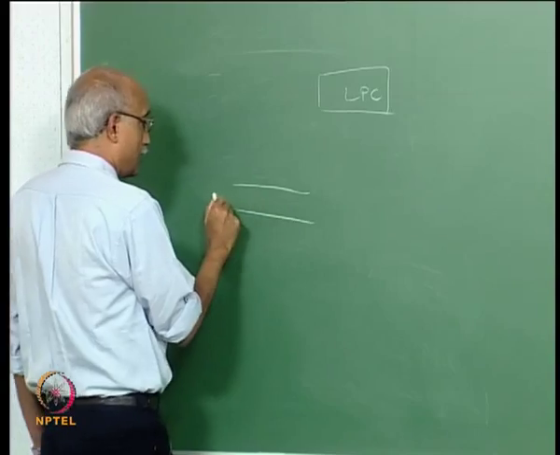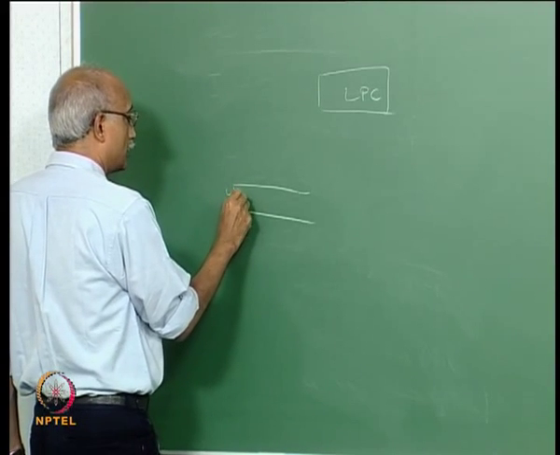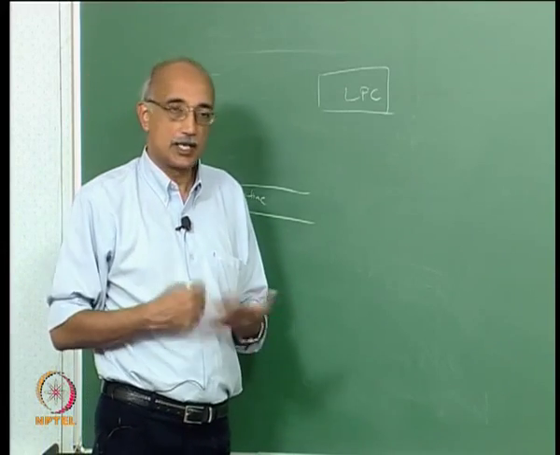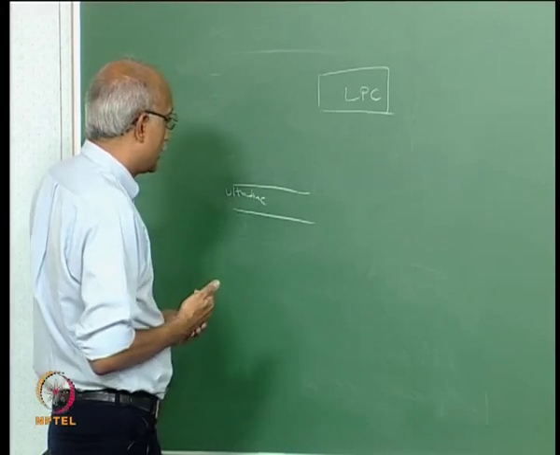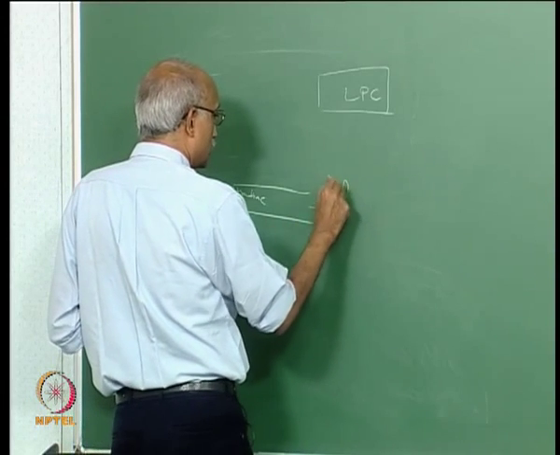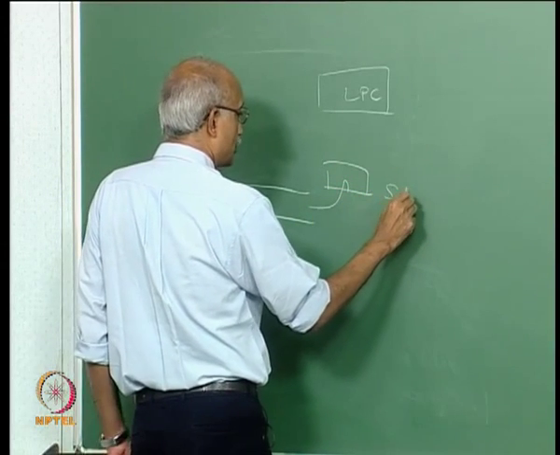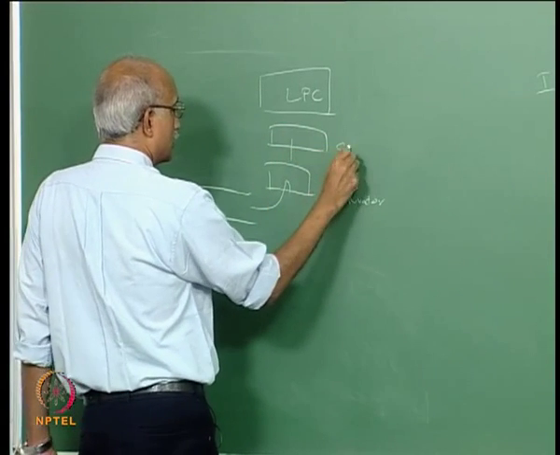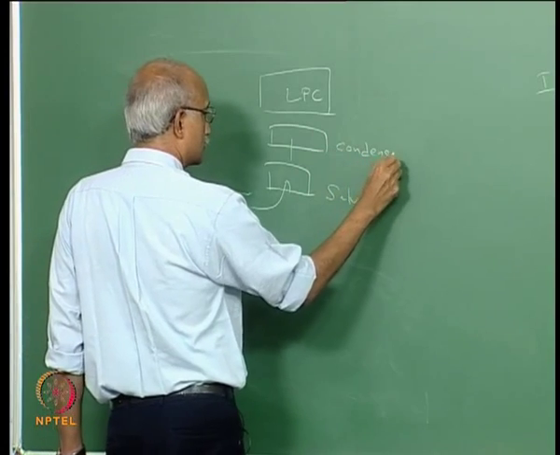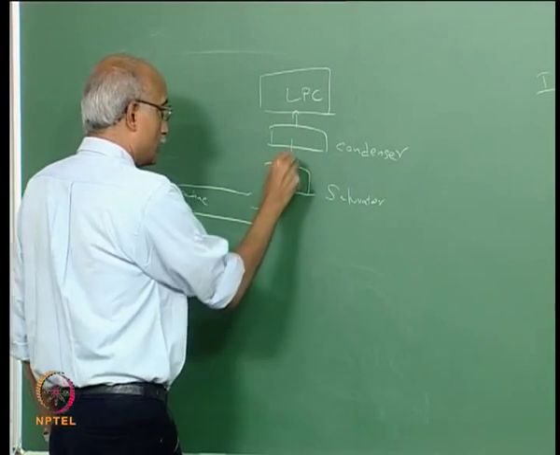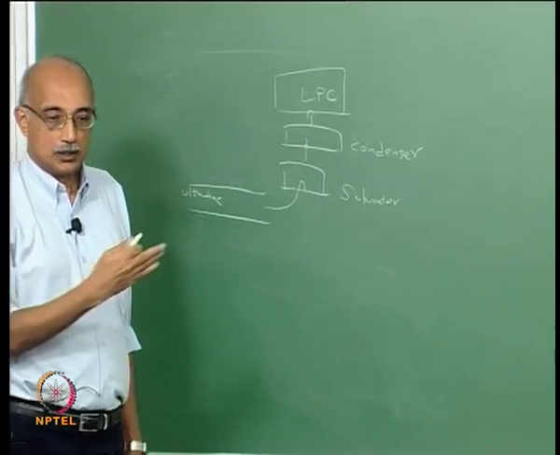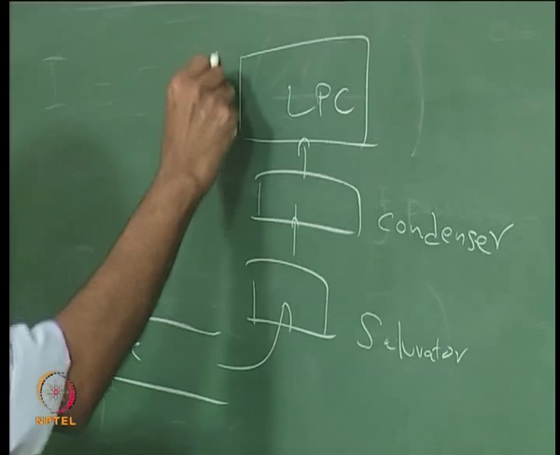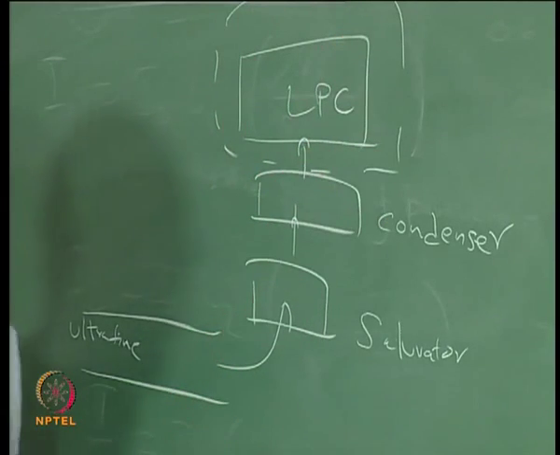So what you do is you take this ultrafine particle population which is suspended in some fluid, whether it's gaseous or liquid, and you take it through a stage that is called a saturator and another stage that is called a condenser, and then this stream is input into the particle counter, and the rest of it essentially follows the same light scattering principles that we have outlined earlier.